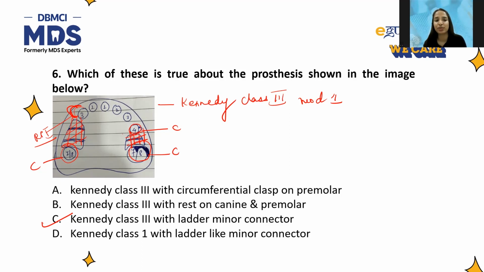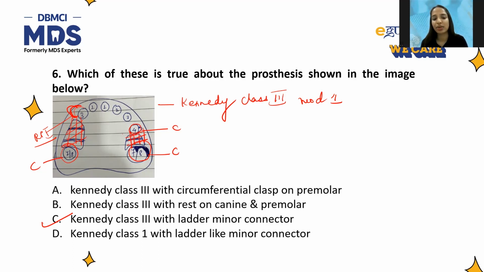So, in the line of this question, what is being asked is designing. So, I will have a look at designing of Kennedy class 3 in maxilla and class 3 in mandible, and just shut the topic, and whatever happens then you can deal with it in the exam, right? So that is my strategy after years of experience and understanding how to best utilize your time.